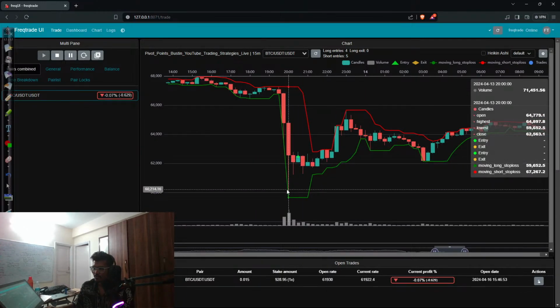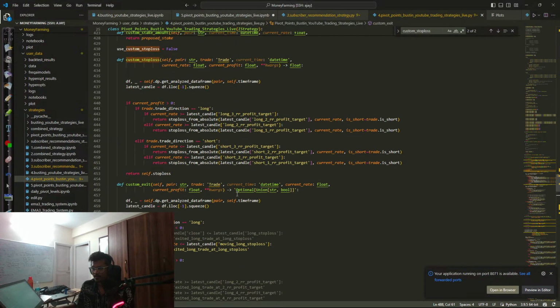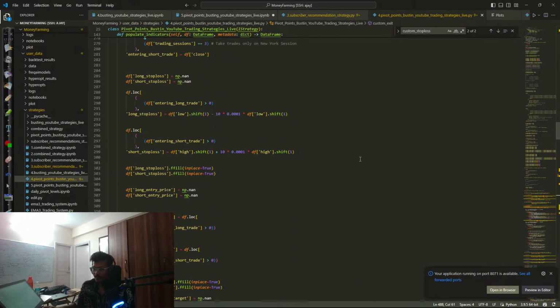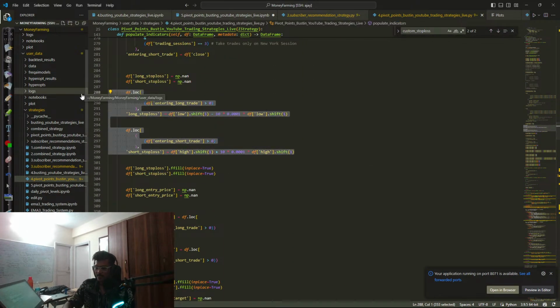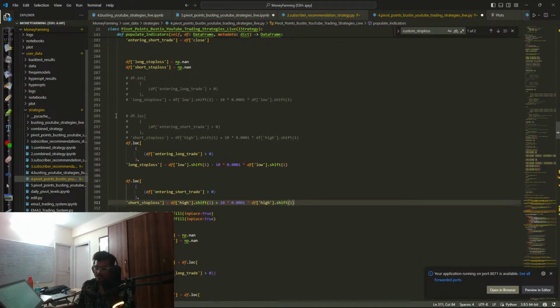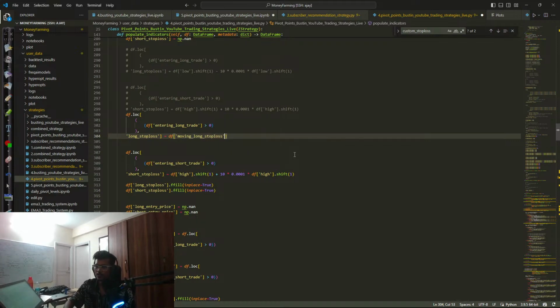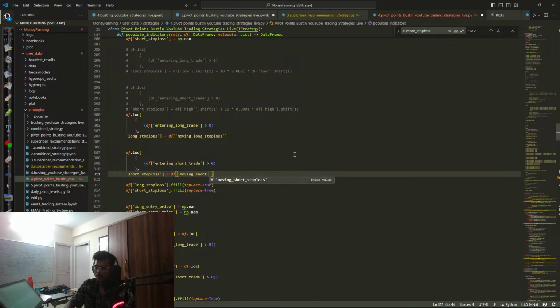I want the stop loss from this perspective, this one. So what I can do now, instead of that, is use df moving long stop loss, and here df moving short stop loss.